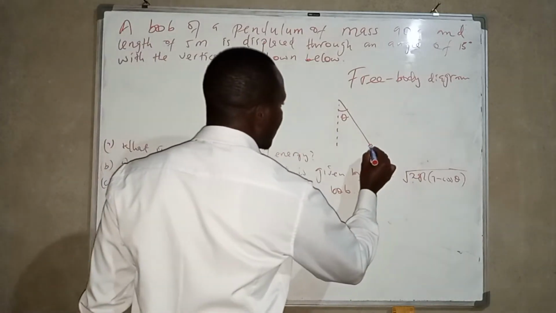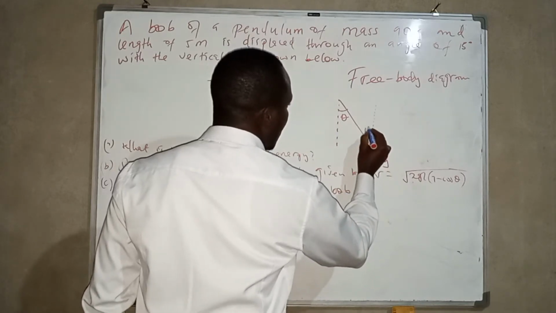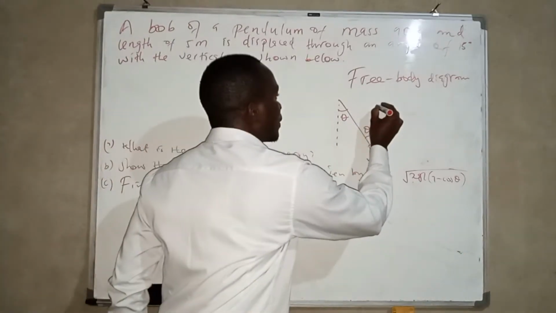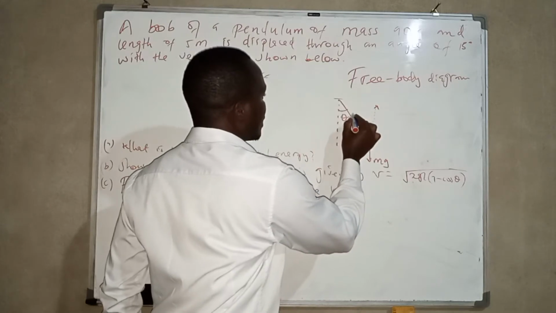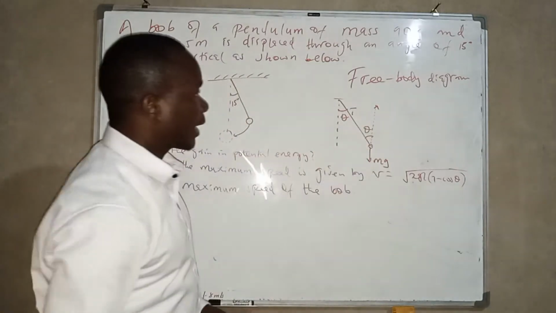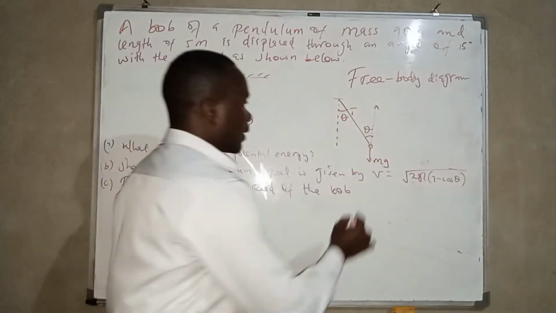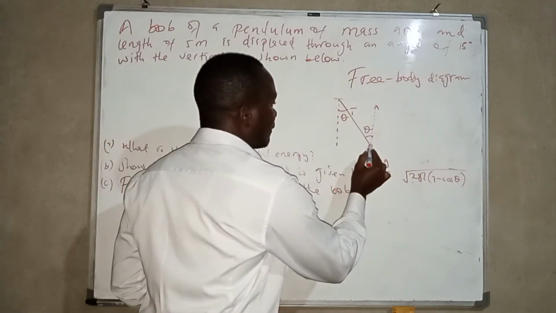If we extend this, this is going to be theta by using the Z property, or alternate angles. And this one we have as the tension in the rope or string.